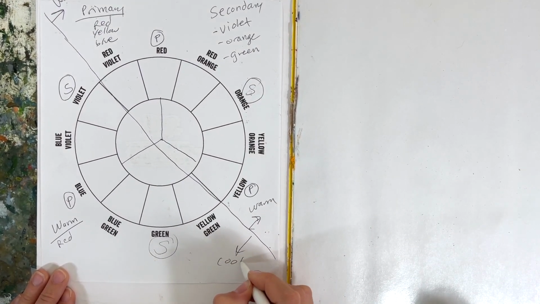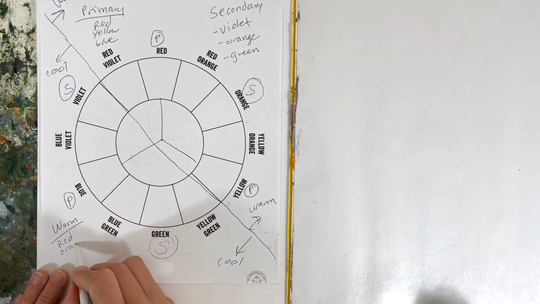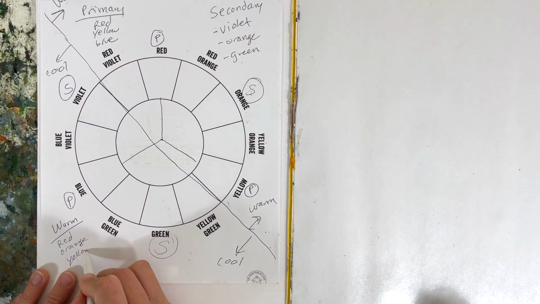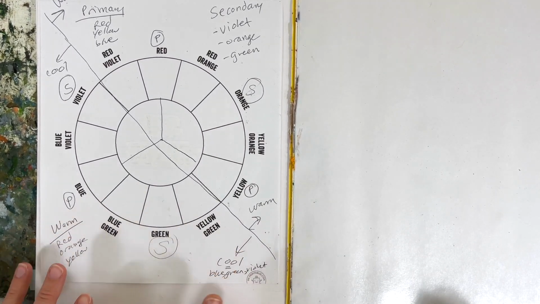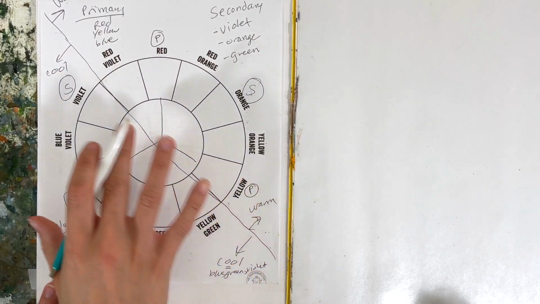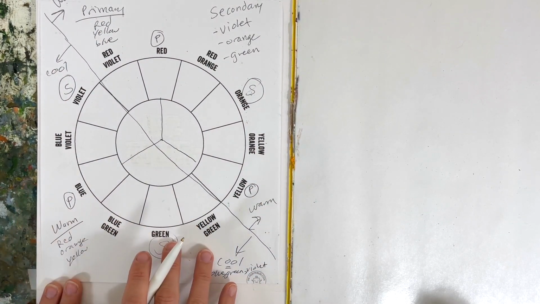And this half is cool. Red, orange, yellow. And then cool equals blue, green, violet. Okay, so that's just in general. General warm colors are red, orange, yellow. General cool colors are blue, green, violet.